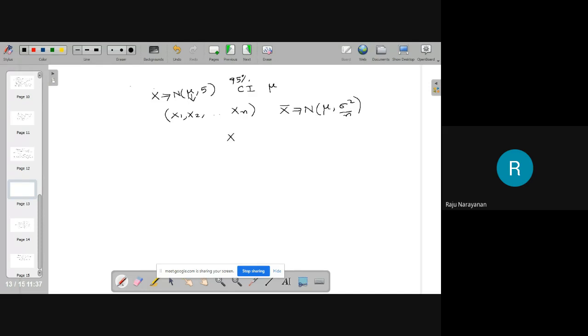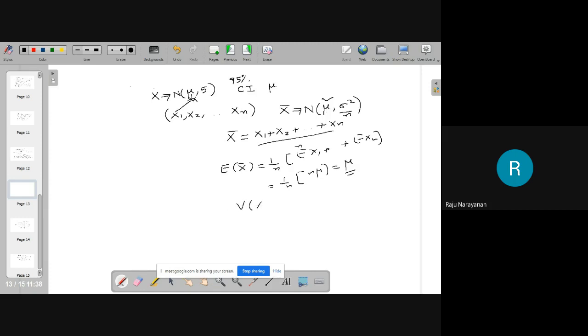What is X bar? X bar is x1 plus x2 plus etc. xn by n. What is expectation of X bar? That is 1 by n into expectation of x1 plus etc. expectation of xn. x1, x2, etc. xn are from normal with mean mu, variance 5. Therefore, 1 by n into mu, n times, that is mu. Therefore, expectation of X bar is mu.